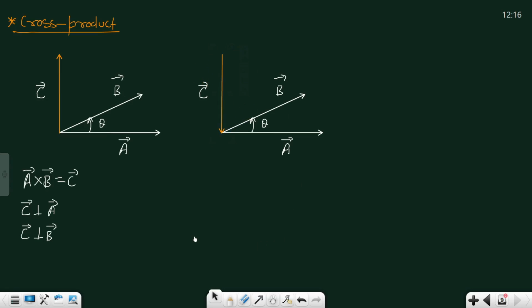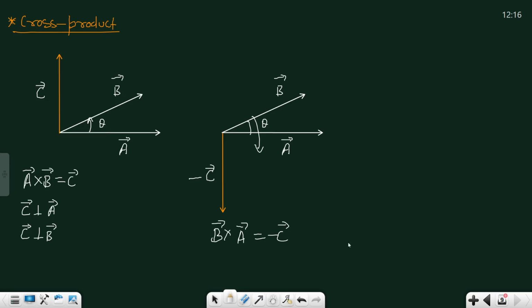And if you go for B cross A, what will happen? It will become minus C. So not this arrangement, this arrangement. This is theta, and you are going in this direction. So B cross A is minus C.